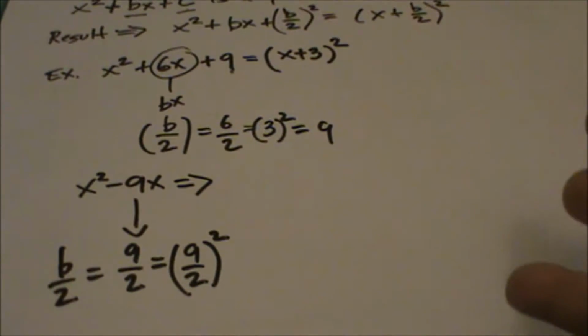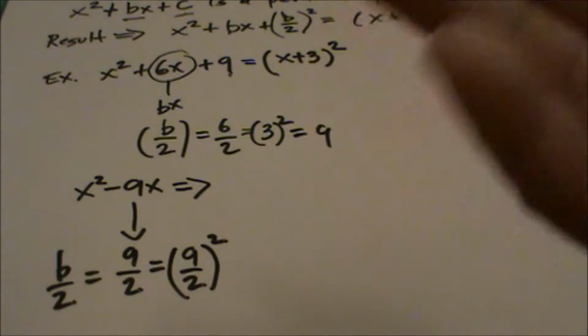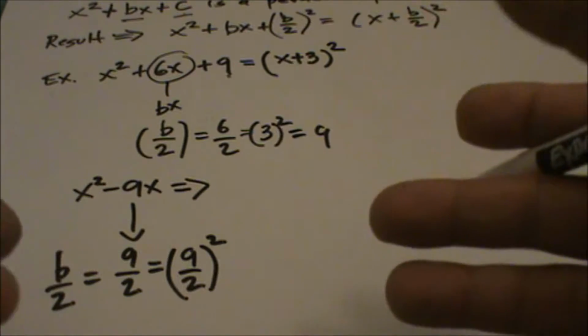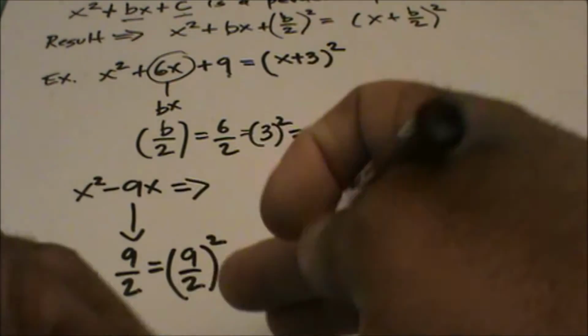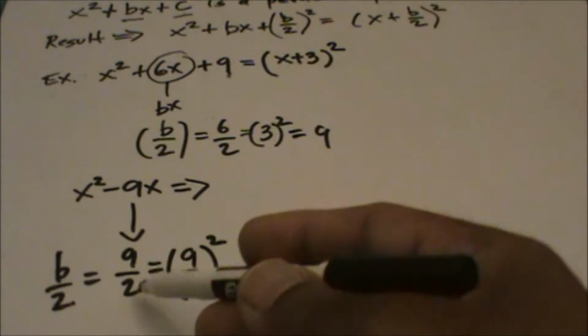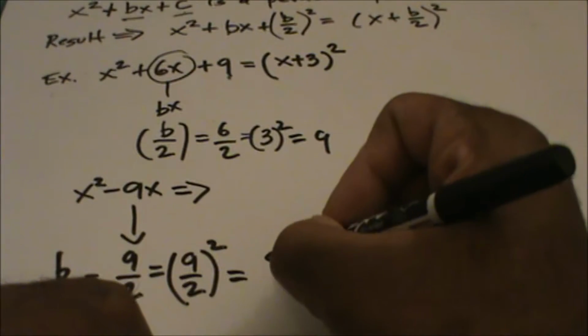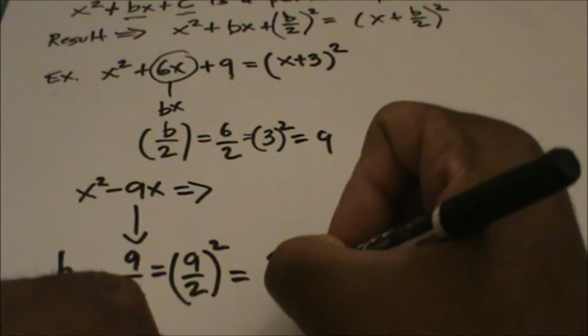Let's keep it in fraction form because we want to try to avoid expressing rational numbers in decimal form. It's better to keep it because you'll be able to see it better in its fractional form. So we take half of 9, which is 9 halves, and then square it. This would be 81 over 4.